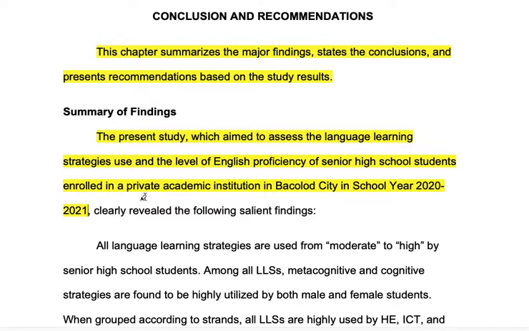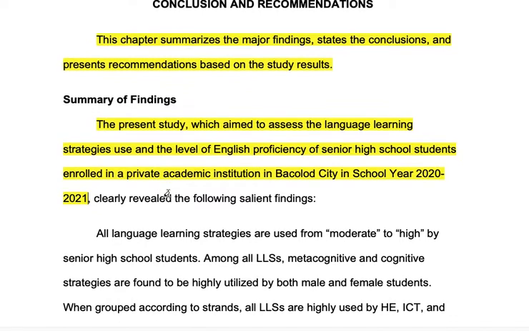it mentions the main purpose of the study, or again, it reiterated the statement of the problem. So you begin your summary of findings by reiterating again the main purpose of the paper. Complete the what, when, where, who, why, and how of your paper.